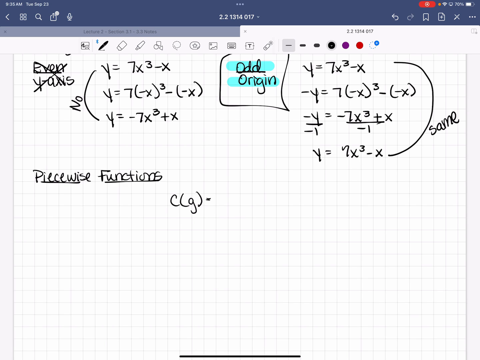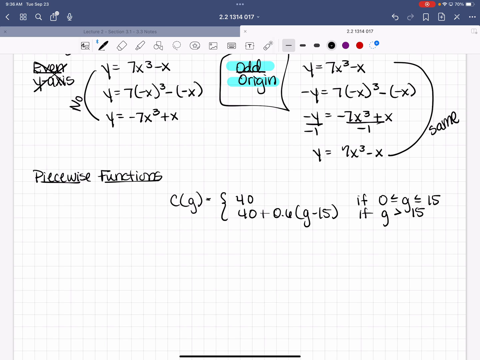If I have the function c of g, it'll say 40, and then something like 40 plus 0.6 times g minus 15. It equals 40 if 0 is less than or equal to g is less than or equal to 15. And it equals 40 plus 0.6 times g minus 15 if g is greater than 15. Okay?